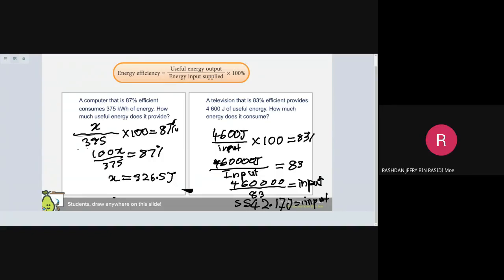Sorry teacher, ni a bit messy teacher. Saya okey tak apa. Kejap ya. No worry, saya faham. Saya ingatkan SS kenapa section 42 rupanya 55 ya. Okay, boleh. Faham.